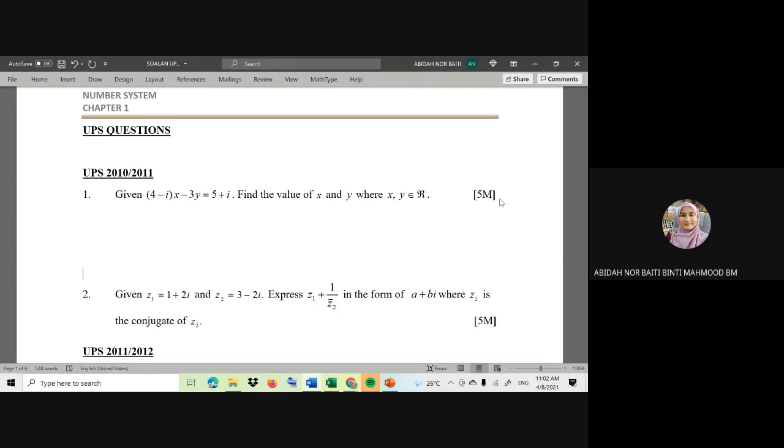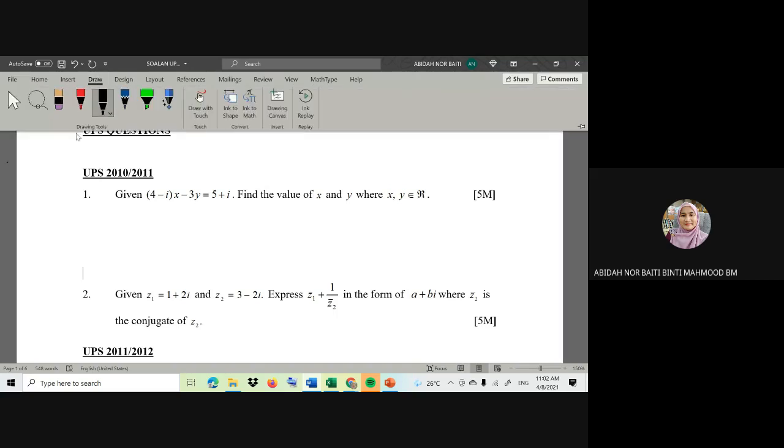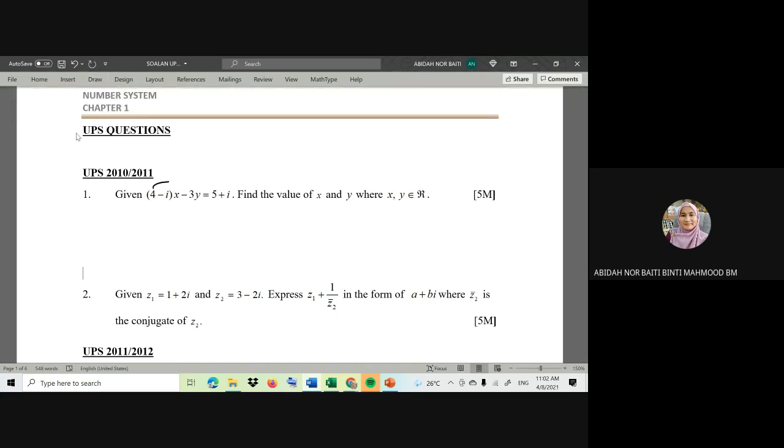First, we expand x, so that we get 4x minus xi minus 3y equal 5 plus i. Okay, and then what are you doing?